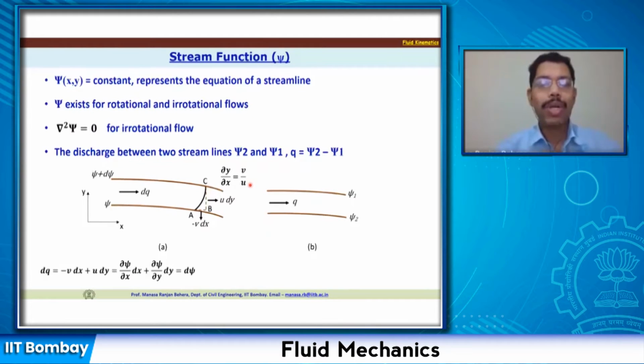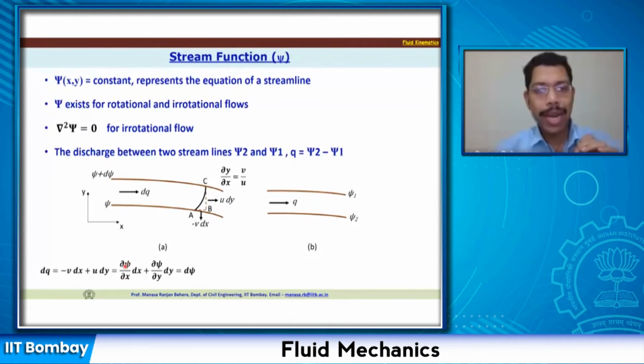So I can write down the discharge dq through this elemental strip between two streamlines, that is psi and psi plus d psi. The discharge is going to be dq, that I can write down as minus v dx plus u dy is equal to d psi.